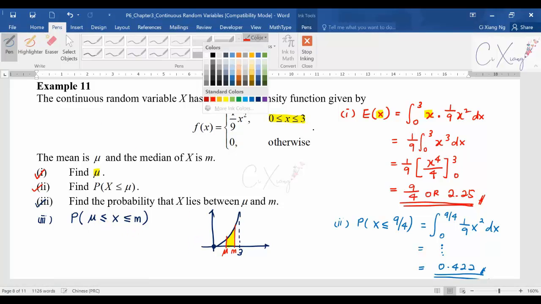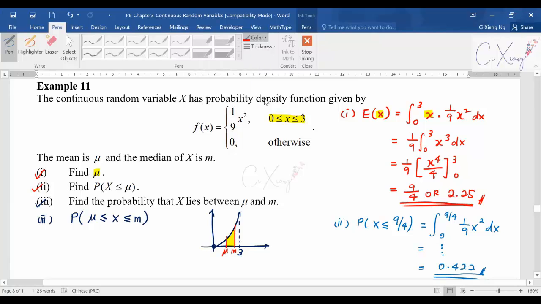Okay, all right. So now I don't know whether you still remember what we have learned in chapter 5 in AS level before about the normal distribution, when Z is between a and b, right? Usually I will teach my students a method.